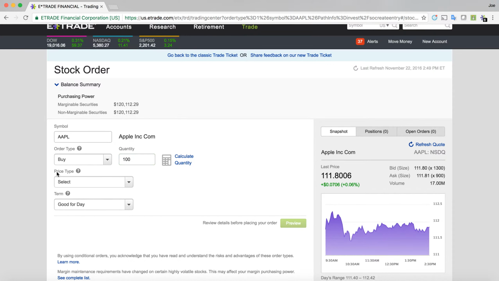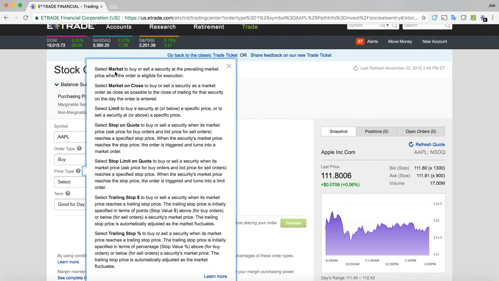Next step is price type. What are price types? Let's go through them. You can do market, which is basically a buy or sell at whatever the price is. You say, okay, well, I want to buy up to 1,000 shares at whatever the market price is, put it out there. Okay, great. They're going to fill your order, or give you that stock at whatever the most current share price is in the market for that stock.